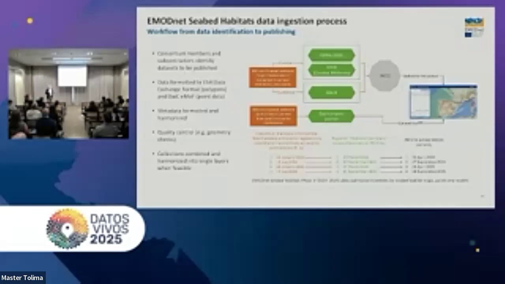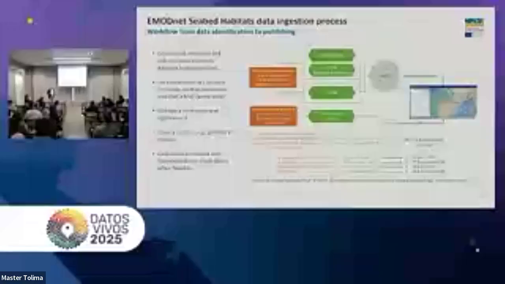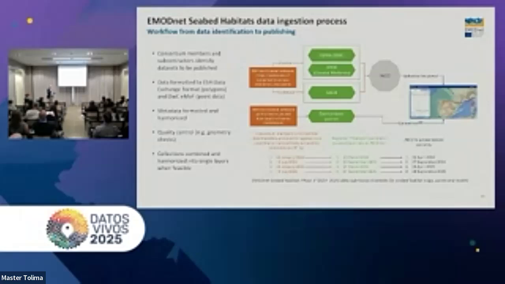Restricted means that we might not be able to make it downloadable, then we just show it as a web map service. Or in some cases, we can only say that there is this resource and you can find it by contacting the data owner.